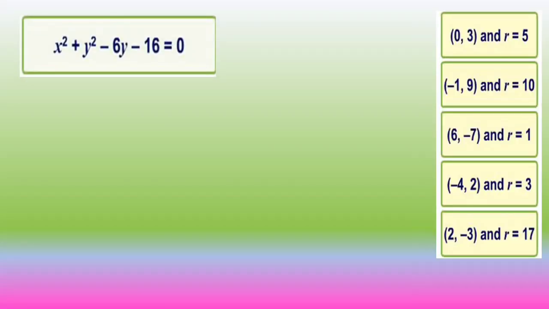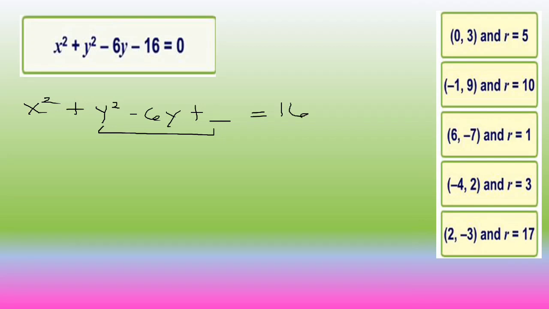Again, we're going to group according to x and y. So here we have x squared plus y squared minus 6y. Just leave a blank for this term, which needs to be completed as a perfect square trinomial. And of course, transfer the constant, that becomes 16.